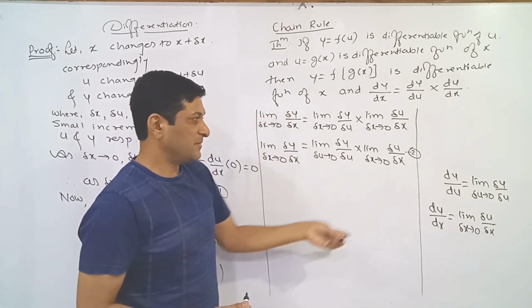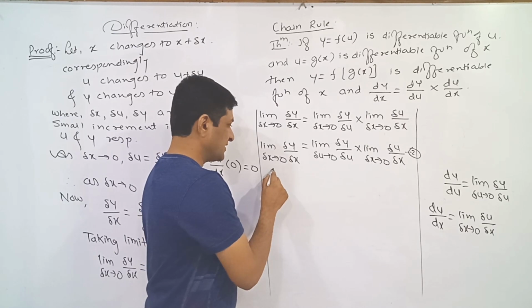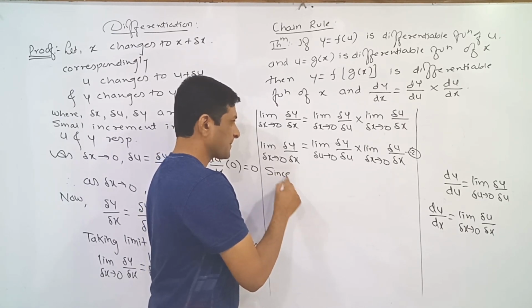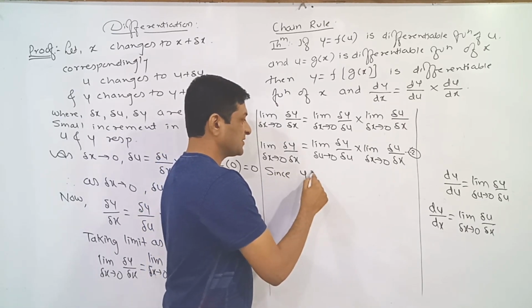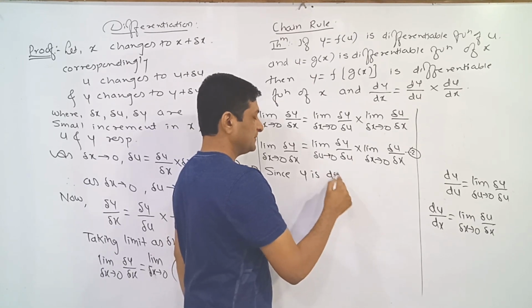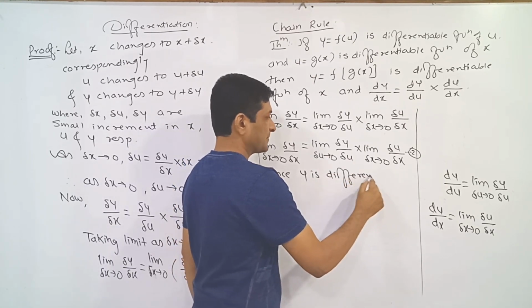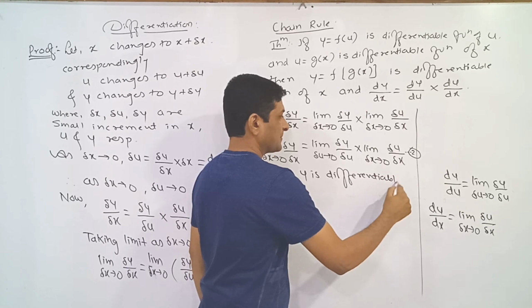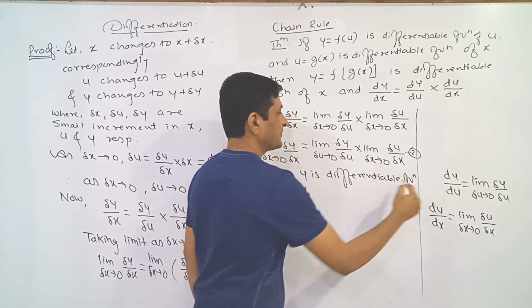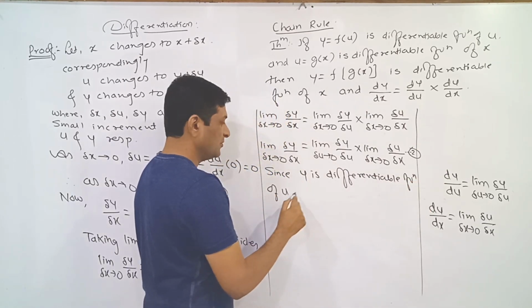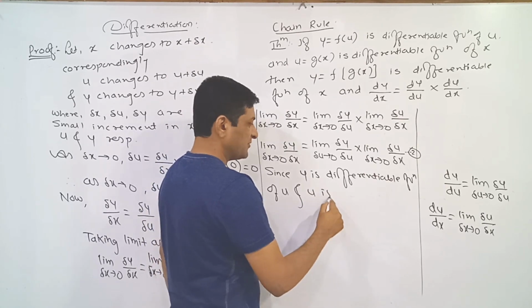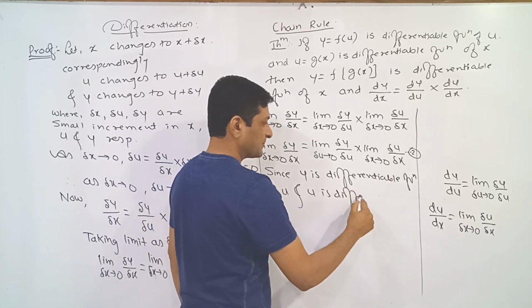The better way is to write down these given conditions. Since y is a differentiable function of u and u is a differentiable function.